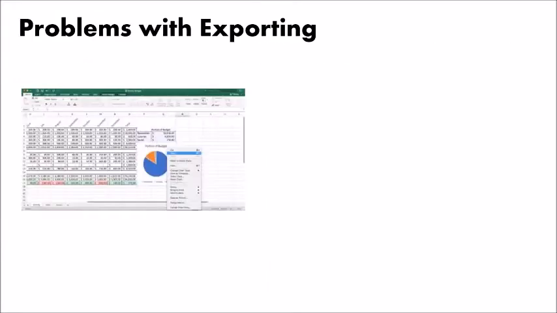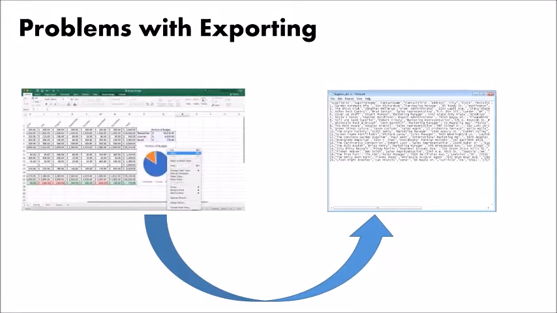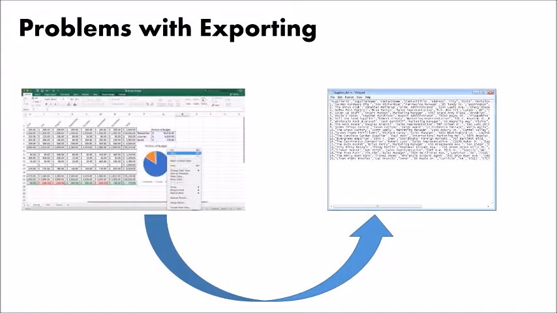Problems with exporting. If you see here, we have a lovely looking spreadsheet, very detailed, color coded, pie charts, all sorts of labels, and it's looking very professional and obviously very useful. The problem is when we export this to a different file type and open it up in a new software, it might not look the way that we wish it to look.